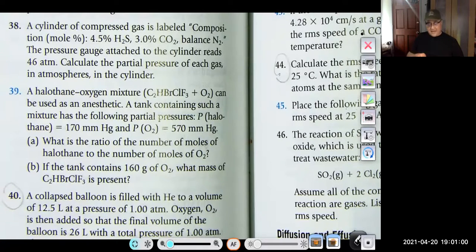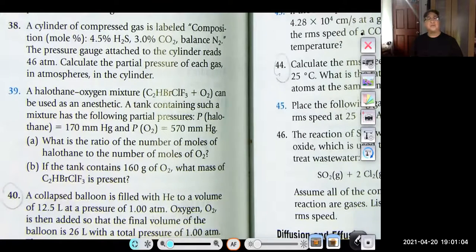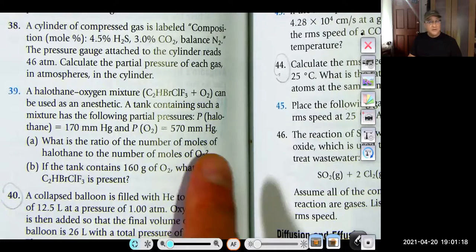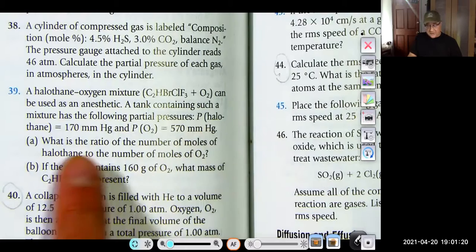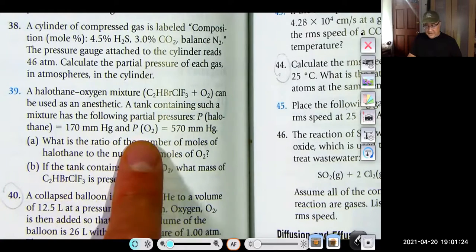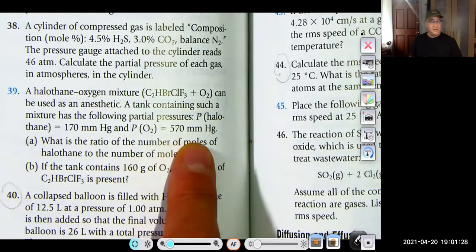A halothane oxygen mixture can be used as an anesthetic. A tank containing such a mixture has the following partial pressures. The pressure of the halothane is 170 millimeters of mercury, and the pressure of the O2 is 570 millimeters of mercury.